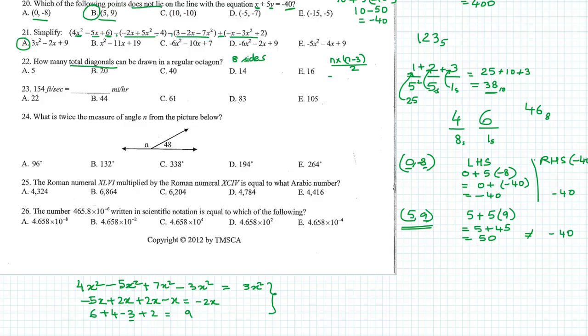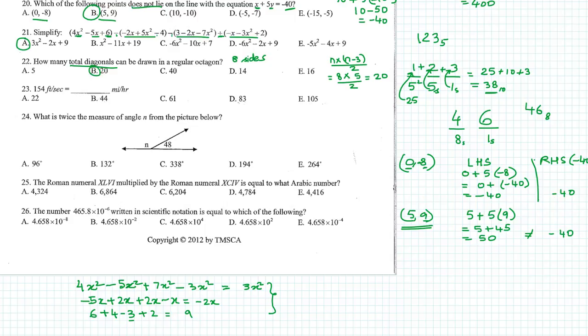So in this case we plug 8 in place of n, so we have 8 times 8 minus 3, which is 5, divided by 2. So 8 times 5 is 40, 40 divided by 2 is 20. So we select B as the answer.